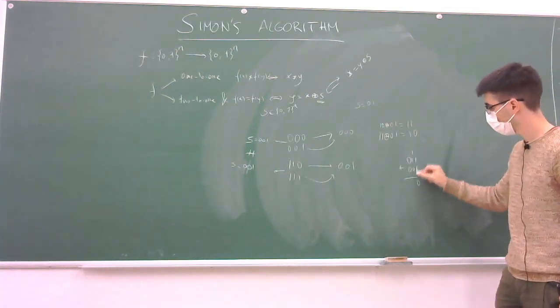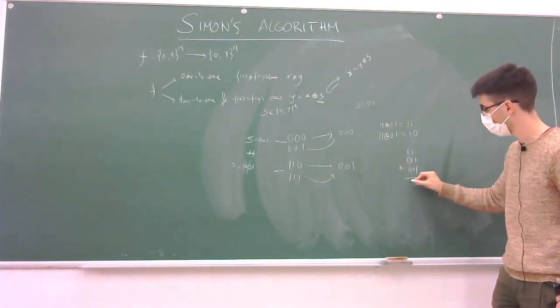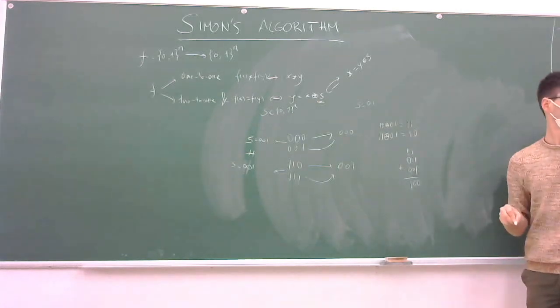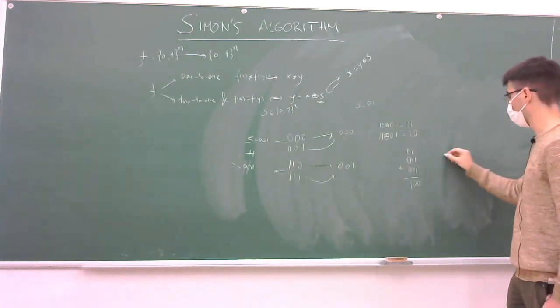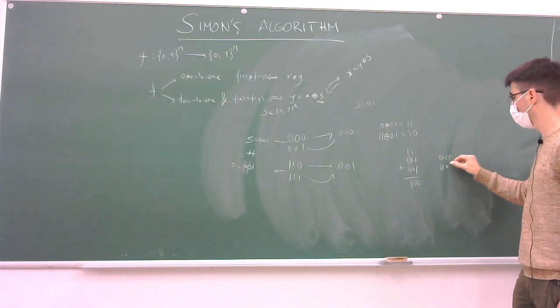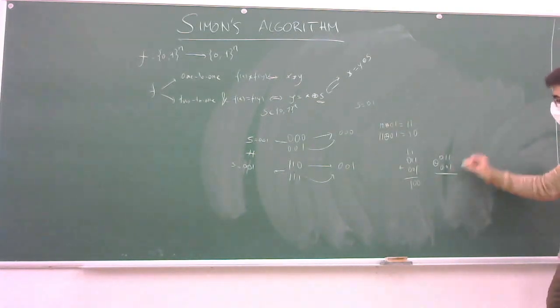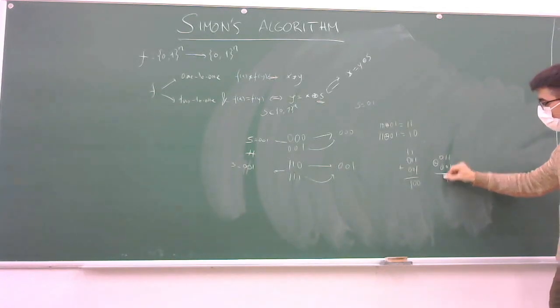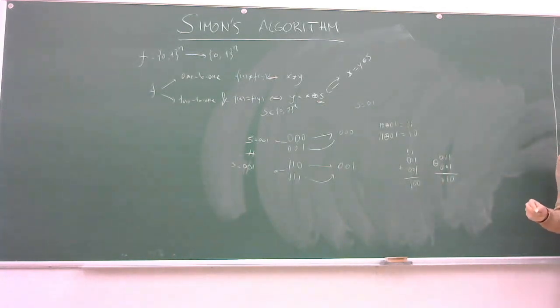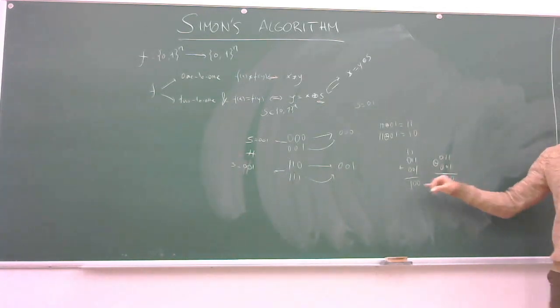You carry 1, 1, 1, 0 again. You carry 1. And here you carry nothing. What we are doing here is the XOR, that is the bitwise bit flip. 1, 1 goes to 0, and then 1, 0. These two are different.